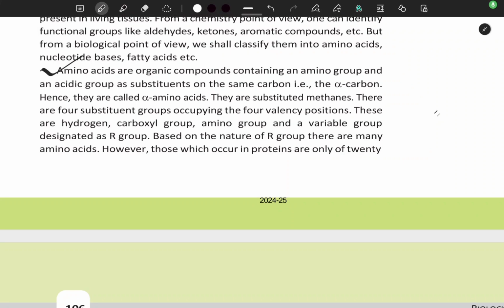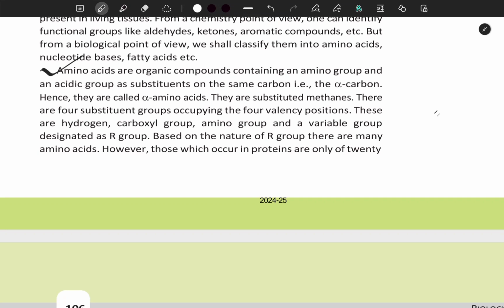Amino acids are organic compounds containing an amino group and an acidic group as substituents on the same carbon, that is the alpha carbon. Hence, they are called alpha amino acids. They are substituted methanes. There are 4 substituent groups occupying the 4 valency positions. These are hydrogen, carboxyl group, amino group, and a variable group designated as R group.